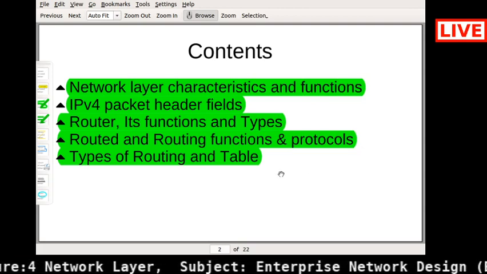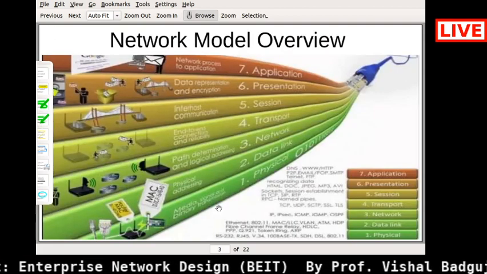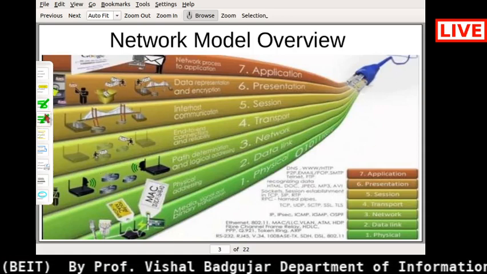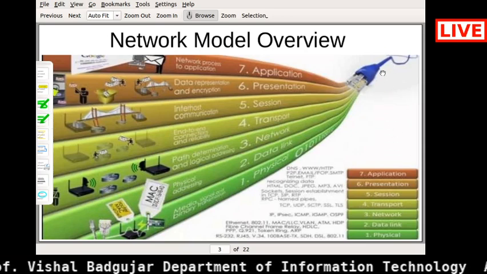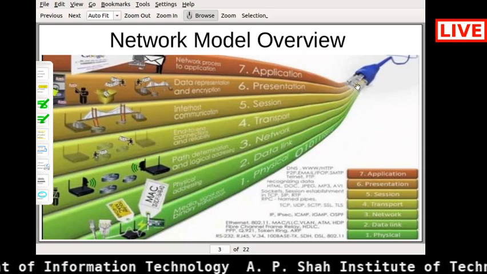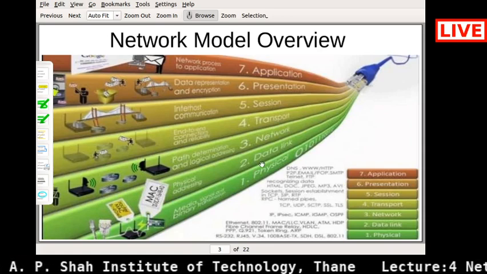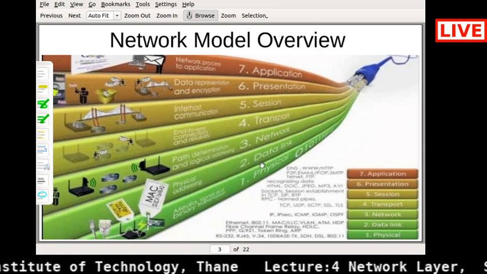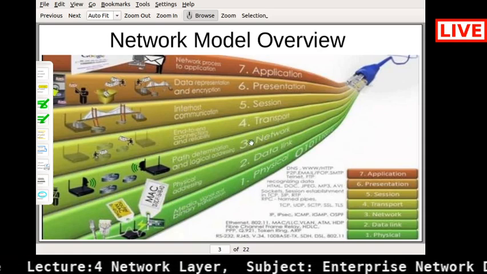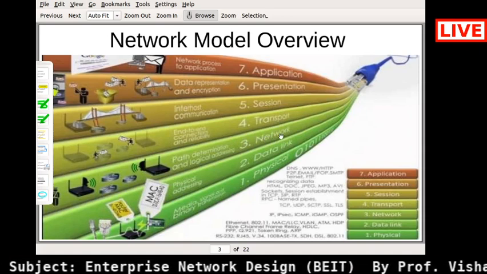Okay, so let's start today's session with the first point, that is the network layer characteristics and functionalities. In this diagram, you see the LAN cable, which has all these 7 layers shown with the functionalities of each layer. Today we are covering the network layer, whose basic functionality is logical addressing and path determination.